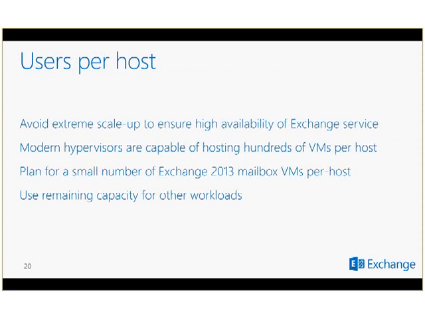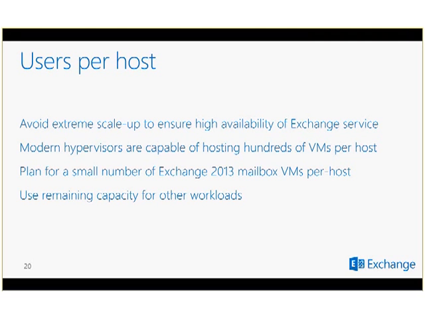We also recommend minimizing the number of users per host. We absolutely believe that scale out is better than scale up for an Exchange deployment. So keep that in mind. The higher the number of users per physical host, you could have a large number of Exchange VMs running on that physical host, the worse the impact is when a hardware failure occurs or when a failure of that hypervisor occurs. Everything fails.